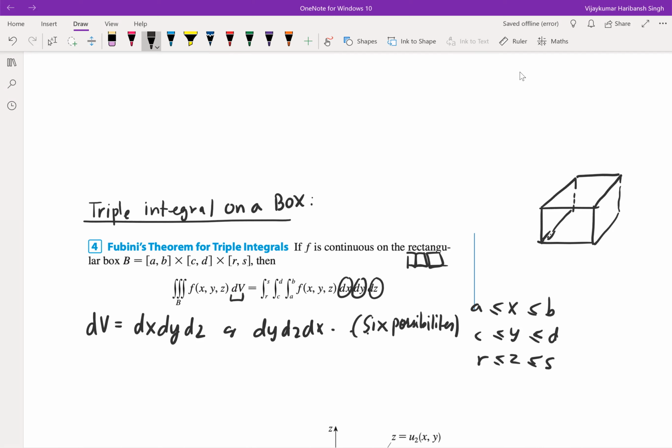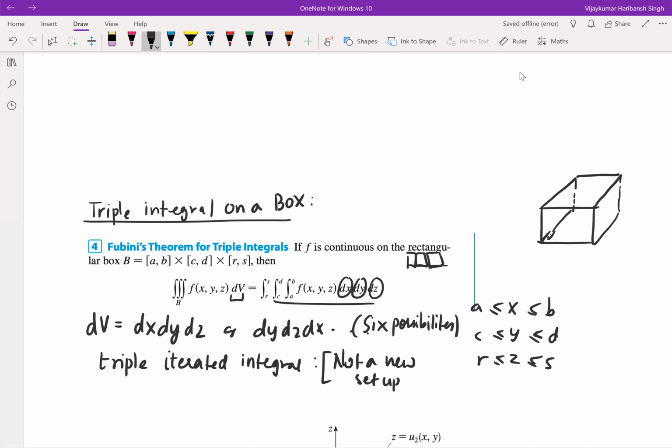So there are six possibilities for dV. And so we get, in that case, a triply iterated integral, and this is nothing new. It's not a new setup, because instead of a doubly iterated integral, you do a triple iterated integral.